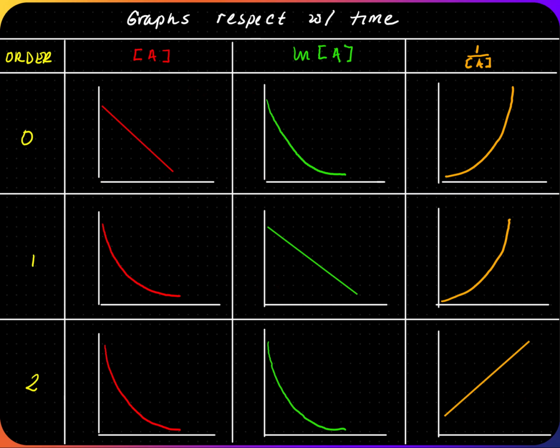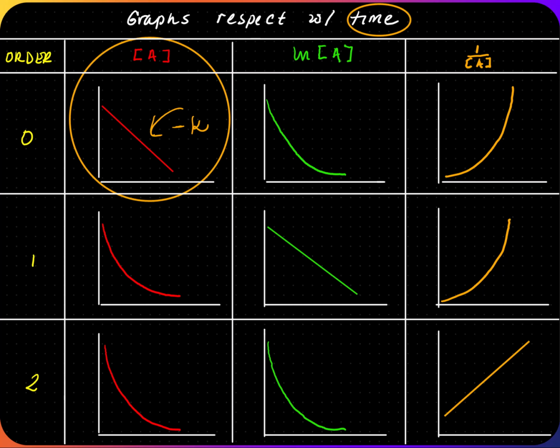If I look at this, I plotted the concentration of A, plotted ln concentration of A, and I also plotted 1 over concentration of A. So for zero order, only the concentration of A versus time will give you a linear line. And if you look at this, this is a negative k, the slope. If I plot ln concentration of A or 1 over concentration of A versus time, they all give you a curve.